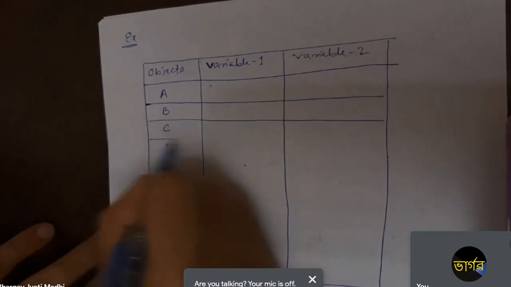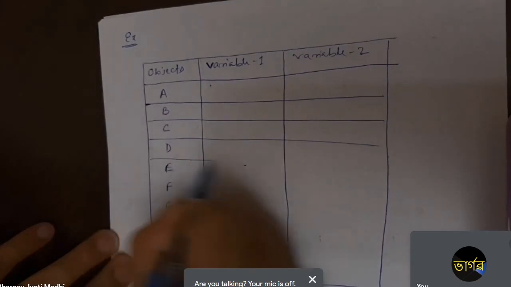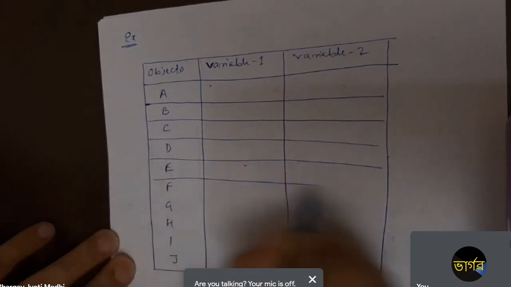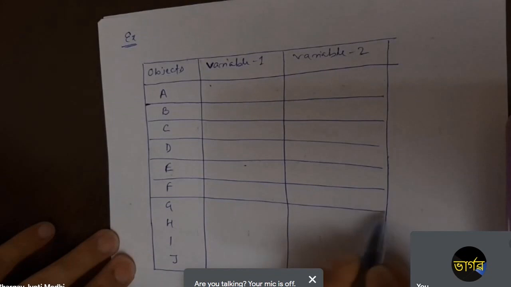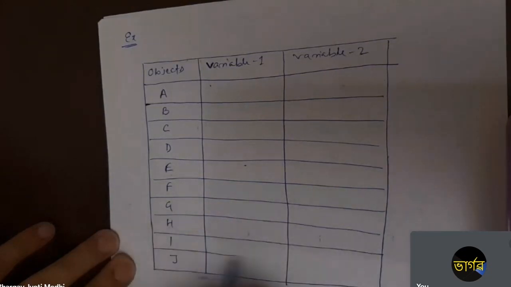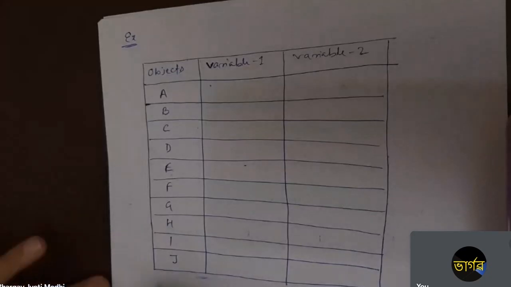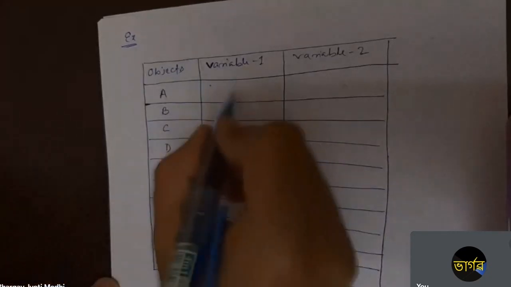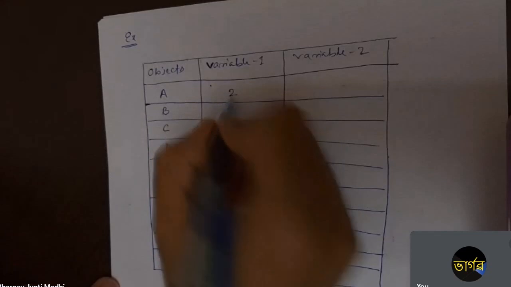Okay, so the first object A, first variable is 2, second variable is 6: 2 and 6. B it is 3 and 4. C, 3 and 8.